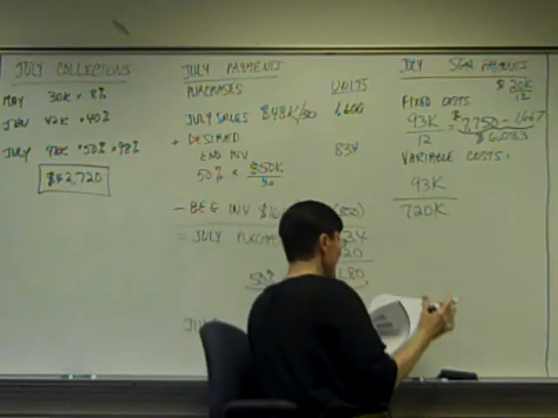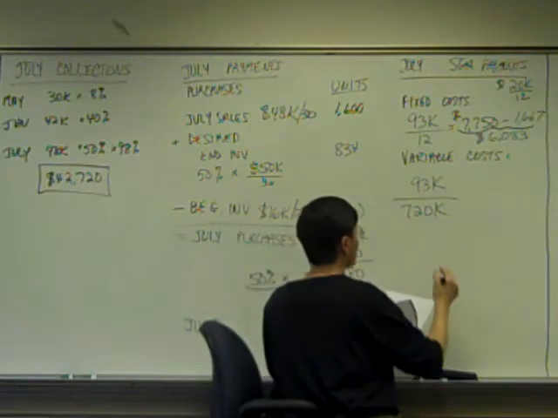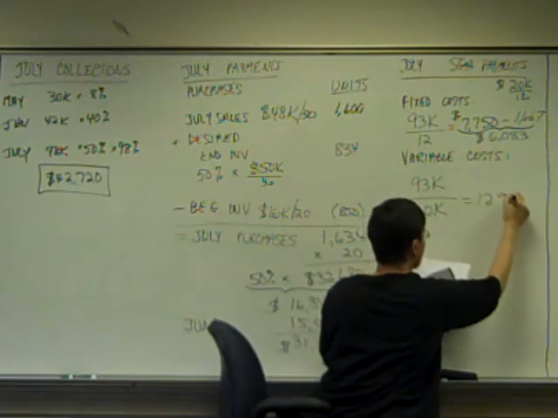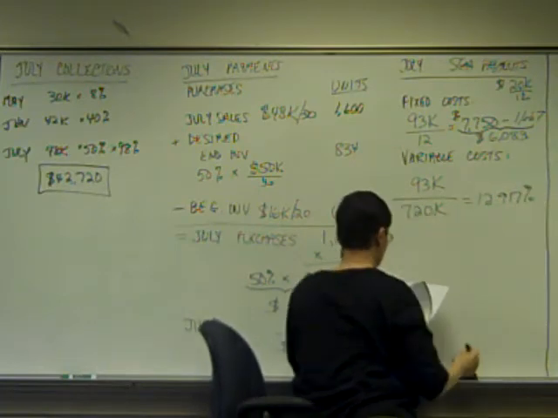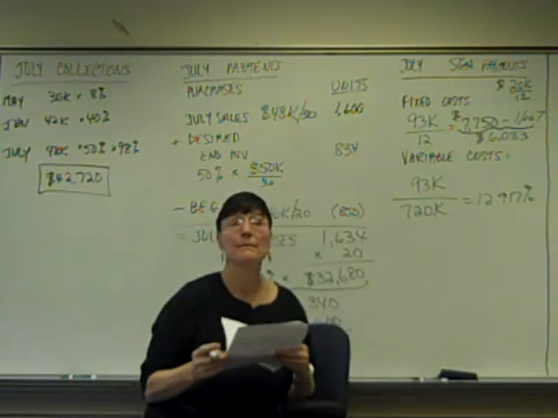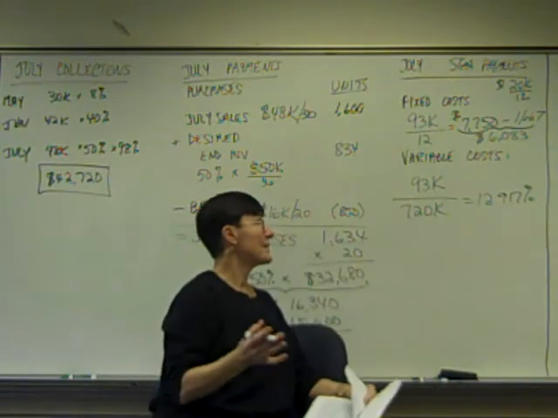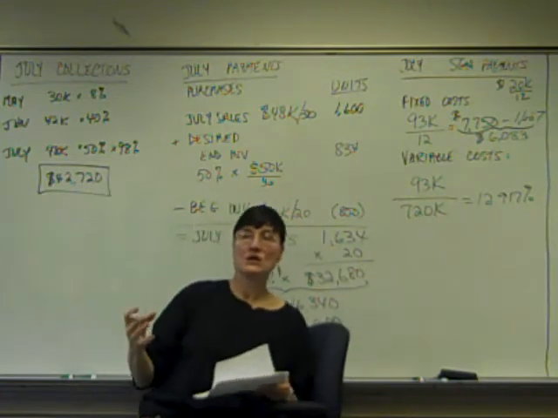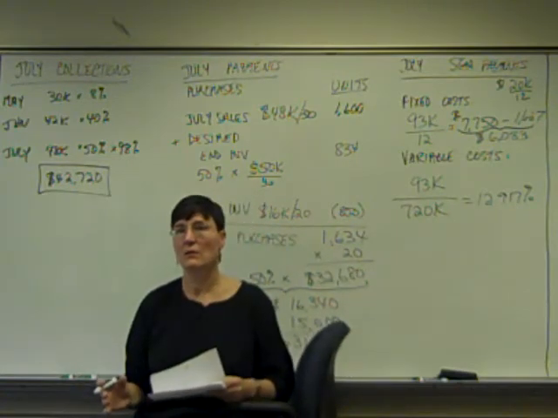So our variable cost as a percentage of sales is a little under 13%. What that says is that out of every dollar of sales, almost 13% of each dollar is variable cost.